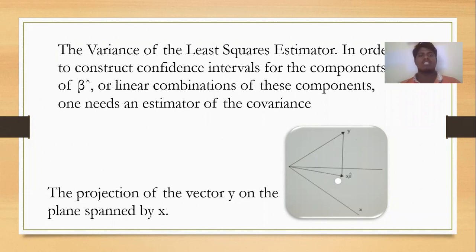One needs an estimator of the variance, which is the projection of the vector y on the plane spanned by x. We can see the diagram on the screen of how the vector y is projected onto the x vector.